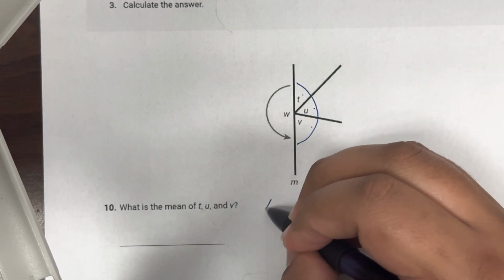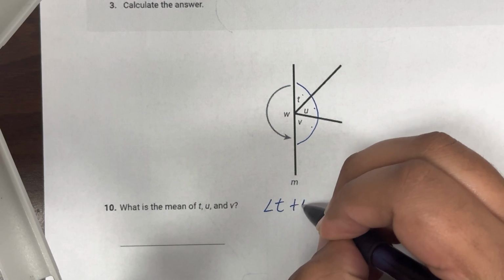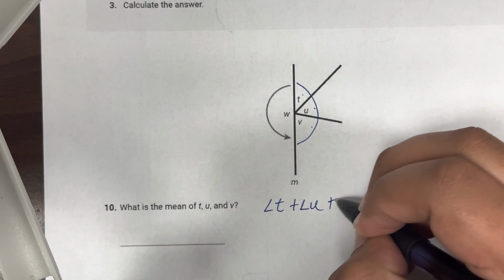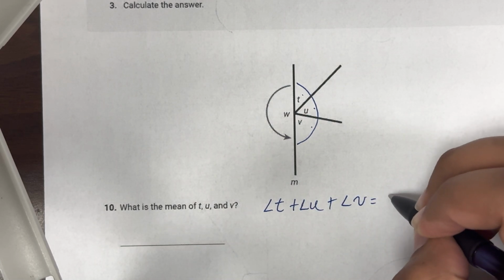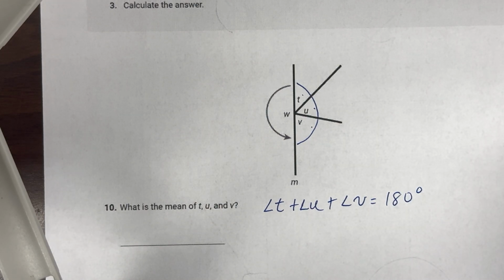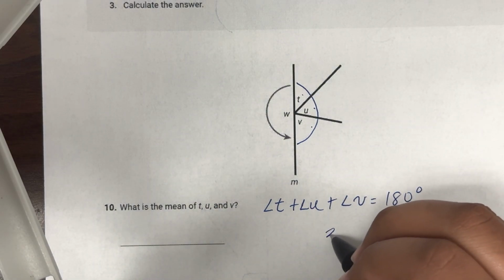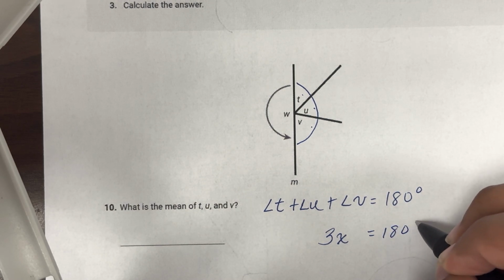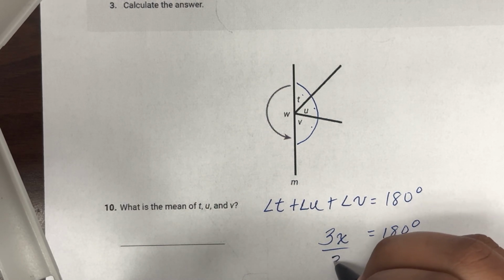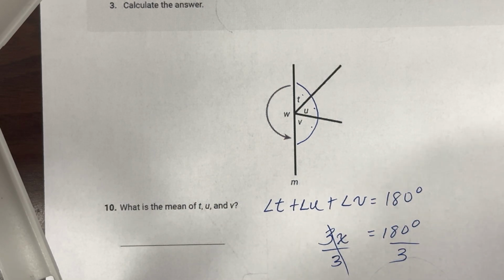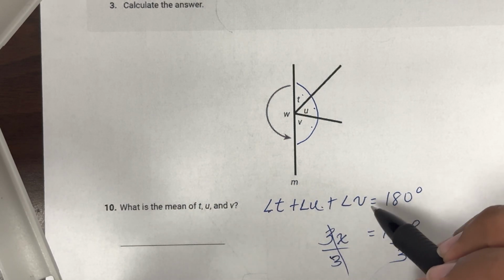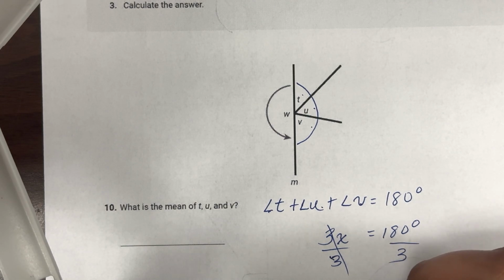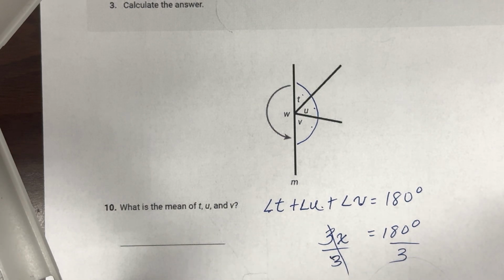So I know that angle T plus angle U plus angle V equals 180 degrees, which calls for, let's just say 3x equals 180. How did I get the 3? 3 angles. So x equals 60 degrees.